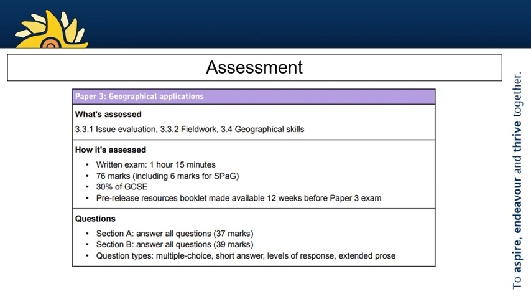So if you're wondering what that is, the assessment is an hour and 15 minutes of an exam, and it's 30% of the GCSE. So that's 100%. That's all the assessment there.